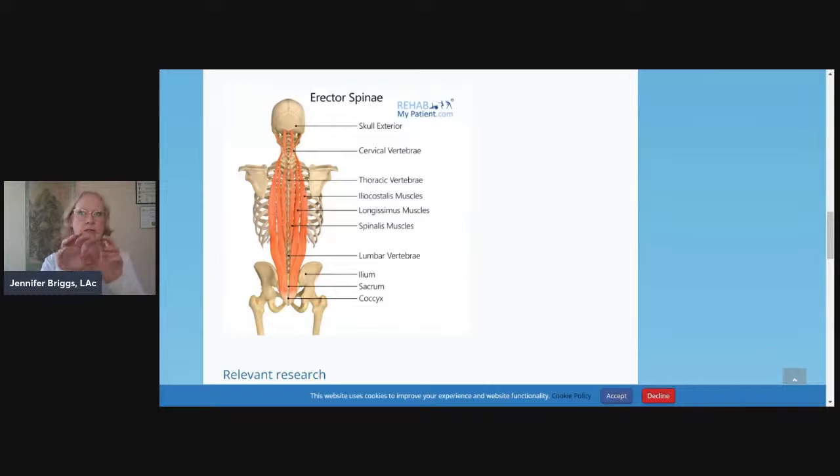These muscles attach vertebrae to each other, and they attach vertebrae to ribs. So it's a complex system of almost pulleys and levers.